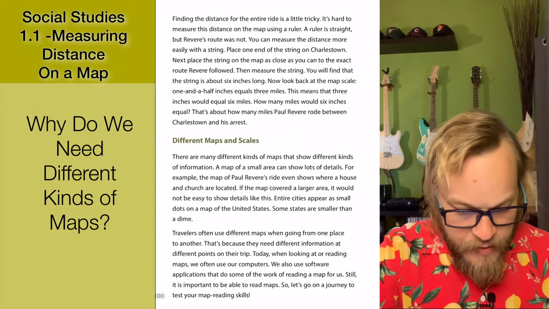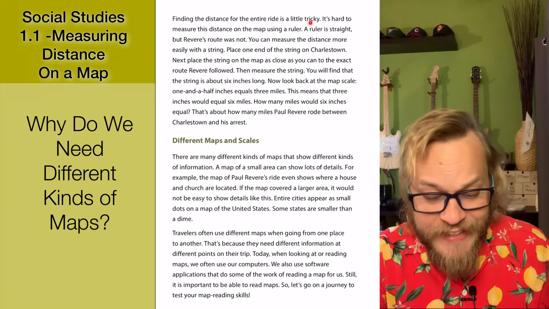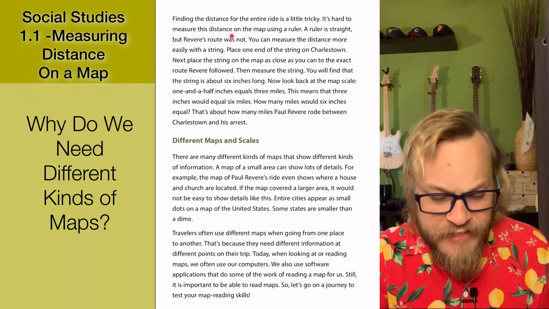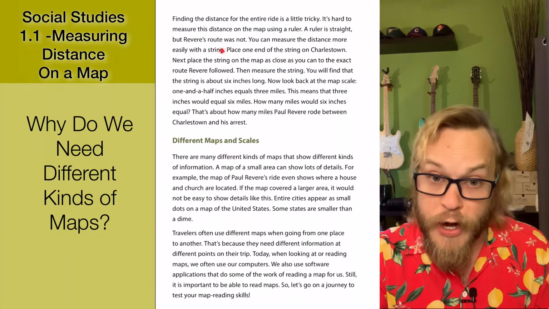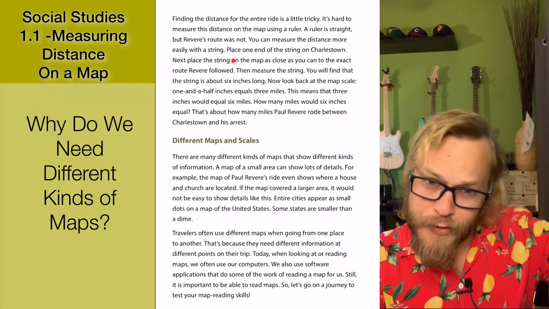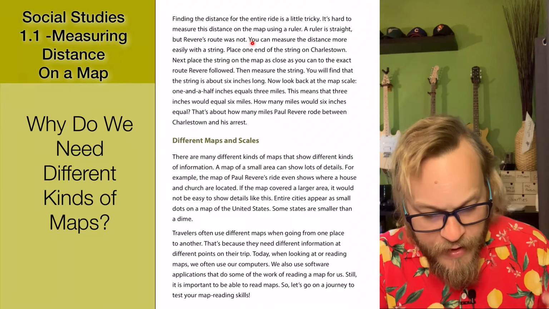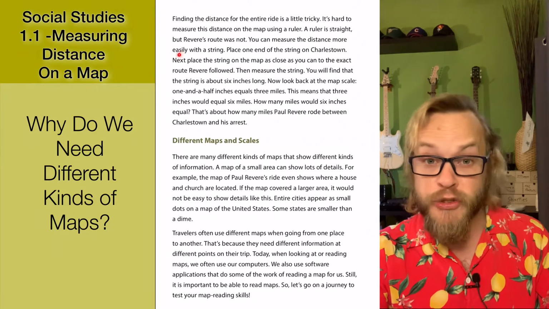Okay. Finding the distance for the entire ride of Paul Revere is a little tricky. It's hard to measure the distance on the map using a ruler. A ruler is straight, but Revere's route was not. I've already mentioned this. It's not easy to measure a curving, looping route like this. You can measure the distance more easily if you had a string.